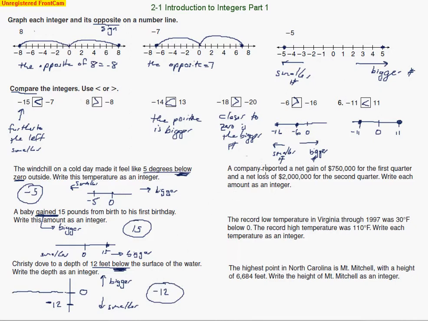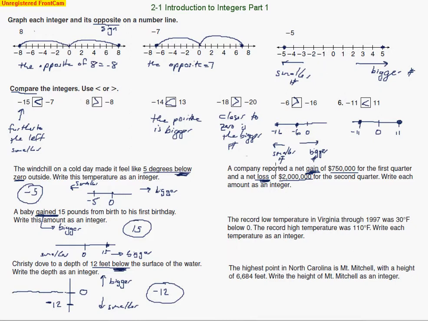A company reported a net gain. Gain, what does that mean? Does that mean bigger or smaller? So a gain of $750,000. And a net loss, we have to think about what that means, of $2 million. Write each as an integer. An integer is either going to be a positive or a negative number, like on a number line.